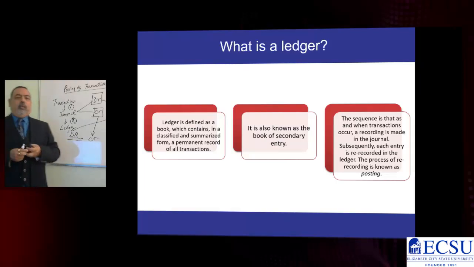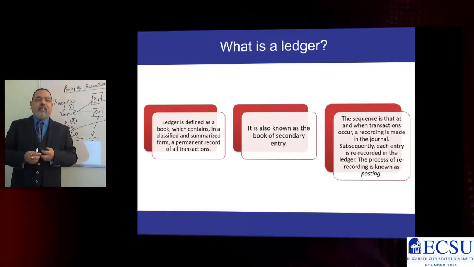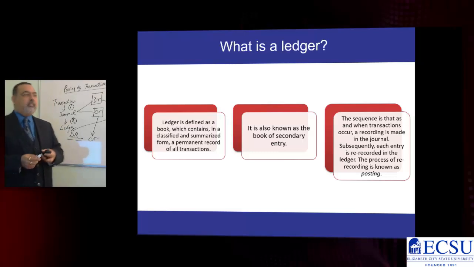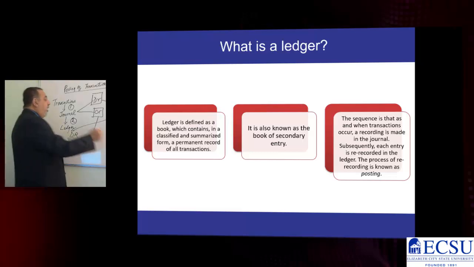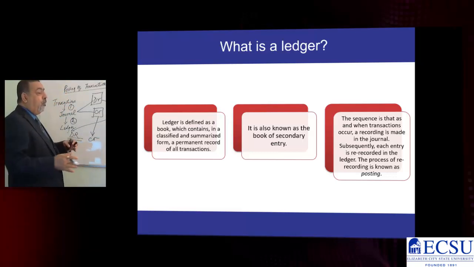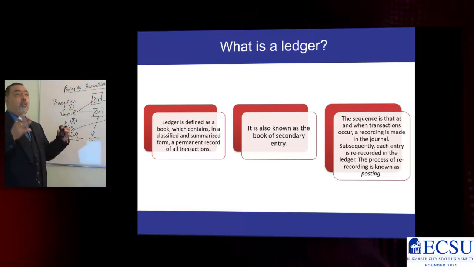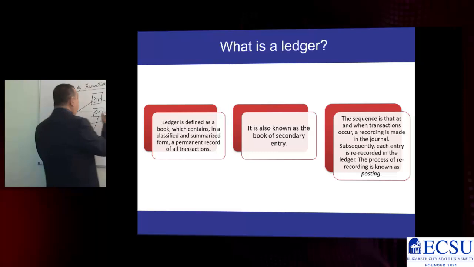So ledger is basically defined as a book which contains classified information. You have to understand the word classified, because supposing you have several customers you're dealing with, what we want to do is have the records of each customer as well as a collection of those. So that is why we will be classifying.